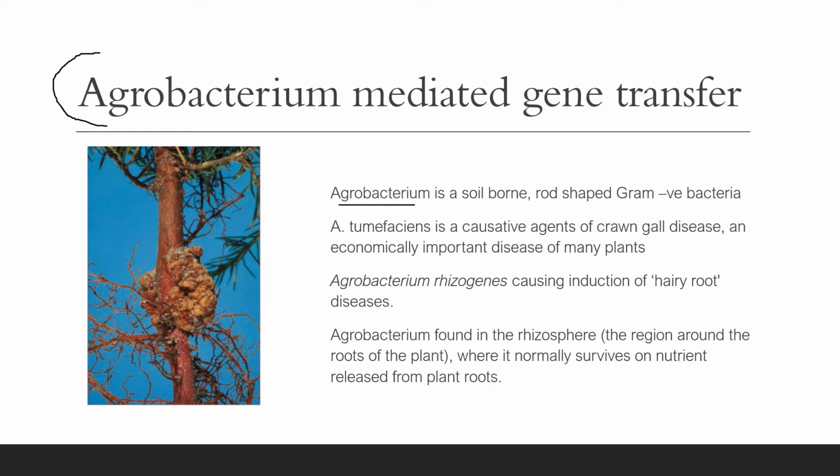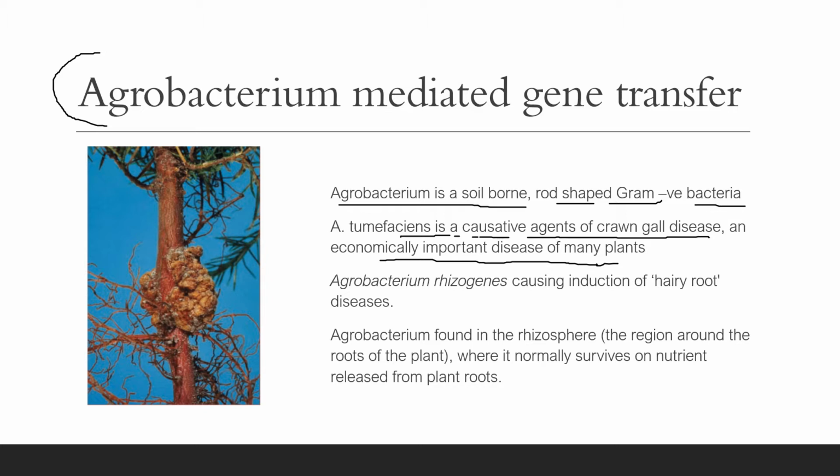Agrobacterium is a soil-borne, rod-shaped, gram-negative bacterium. Agrobacterium tumefaciens is a causative agent of crown gall disease, an economically important disease of many plants.